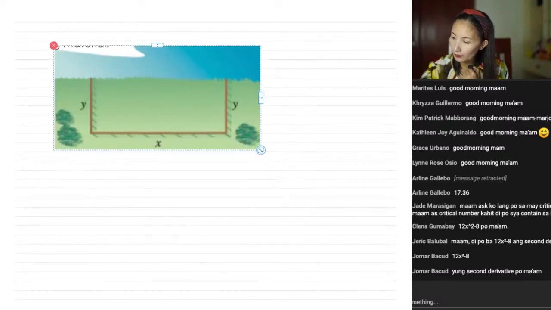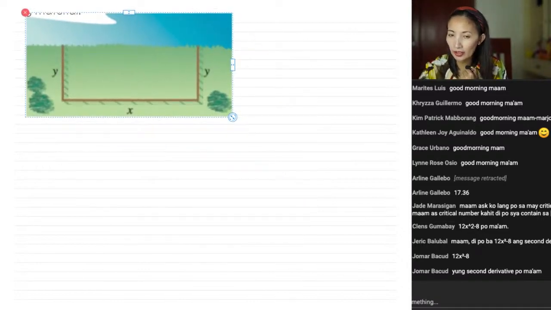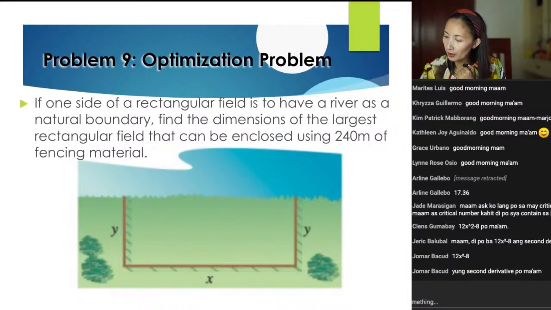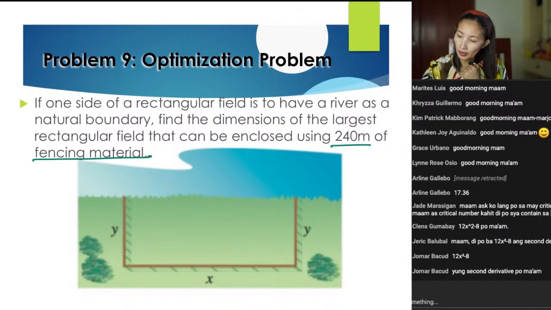So what is given in the problem? The given amount of fencing material, which is 240 meters. Fence to enclose this side and this side of the rectangular field.